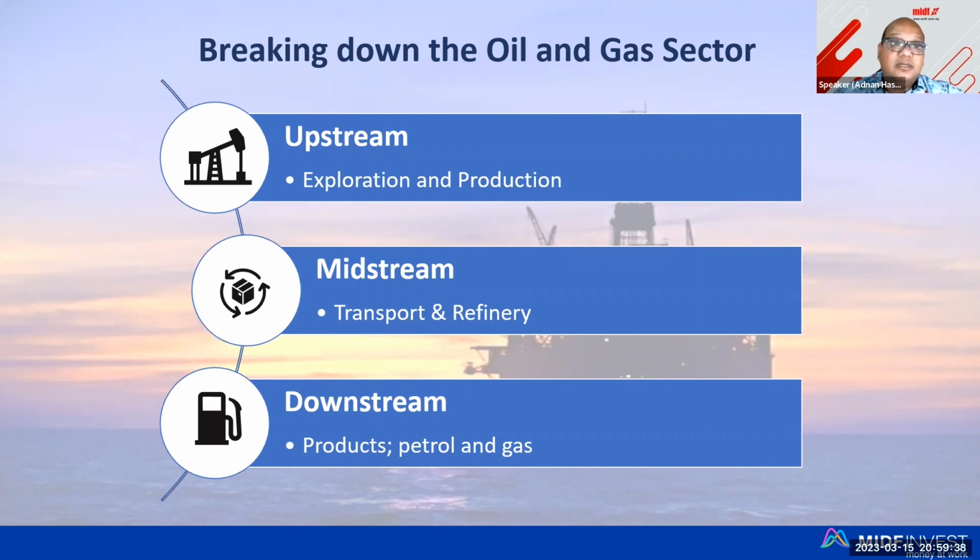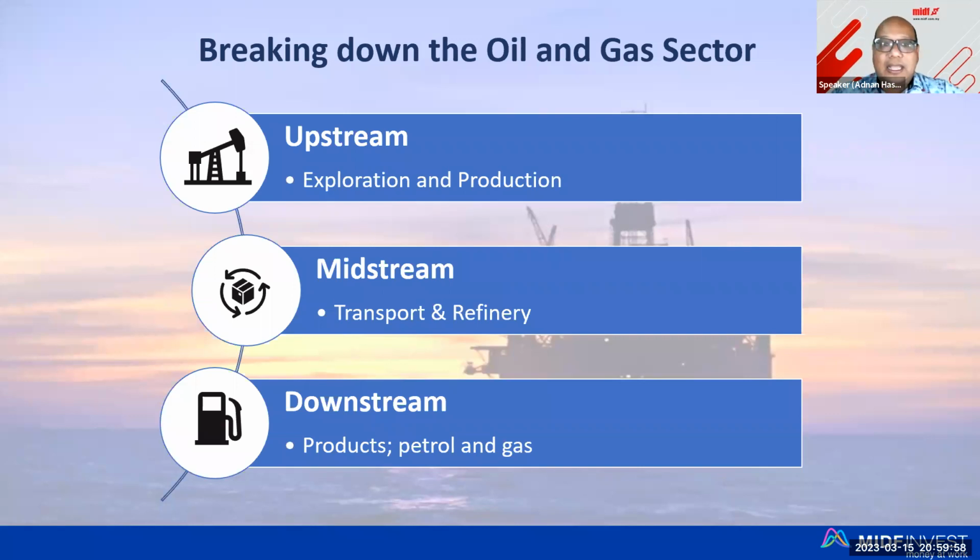The first area would be the upstream. For this, let us imagine a small stream from a mountain. This stream is flowing down and down. On the top of the mountain is the upstream. That is where the source of water will come from.